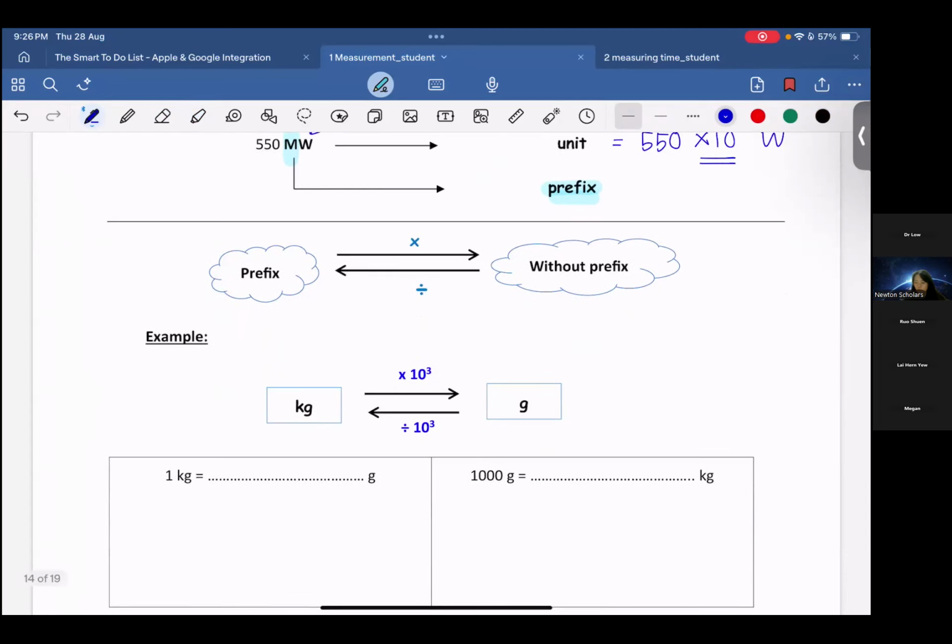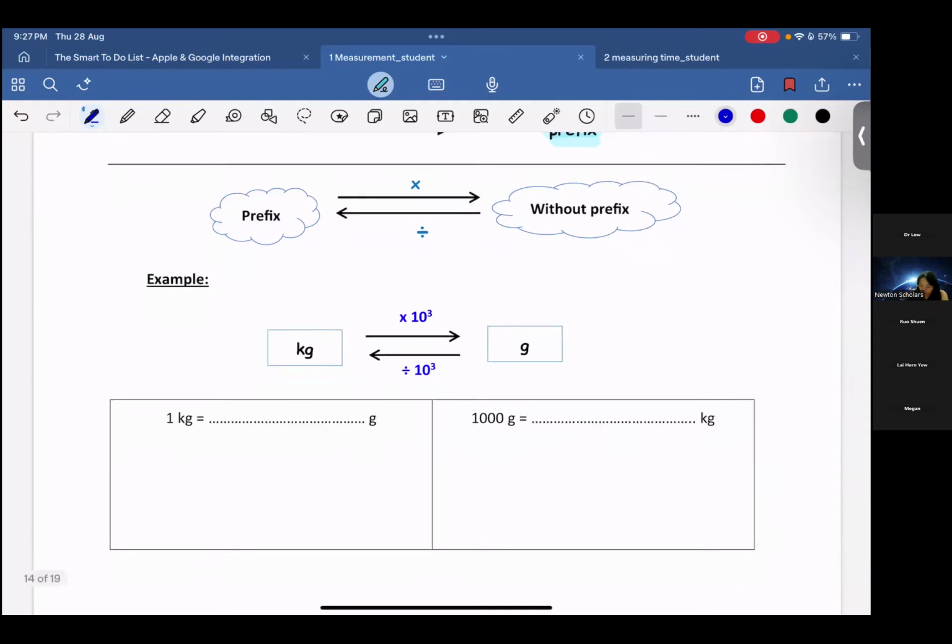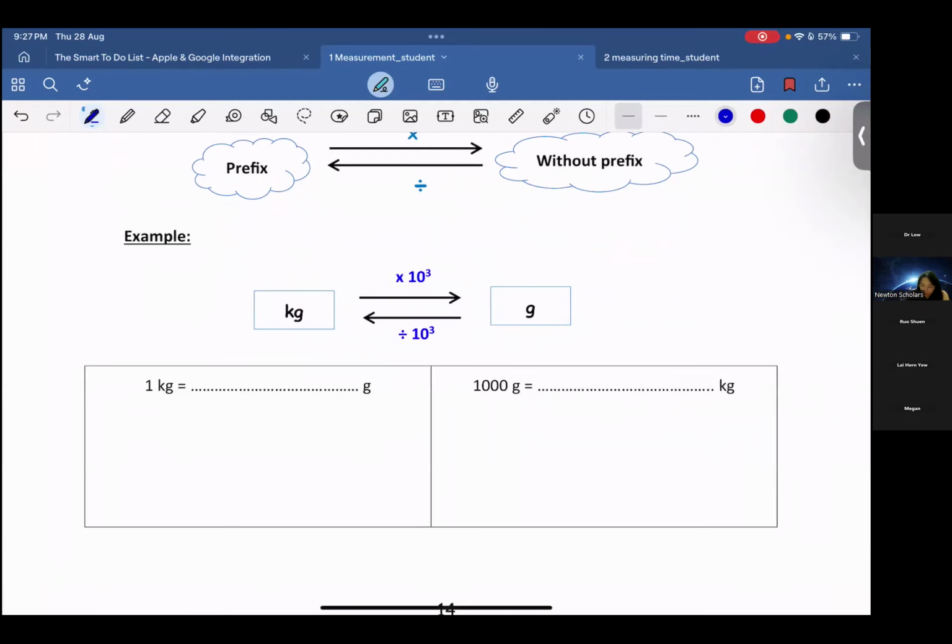Okay, when we do conversion from prefix to non-prefix, we should use times. What does it mean? For example, my prefix is in kg. Where is my prefix? This k, we highlight it. So right now I have a prefix and I want to convert to gram. Gram is a unit, no prefix.